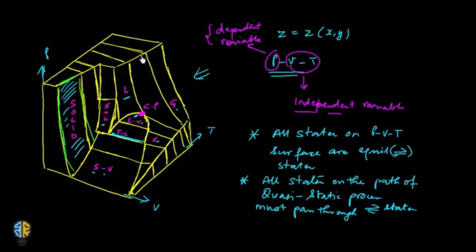The liquid also is a bit curved, and so is the vapor region, a curved surface. The two-phase regions are surfaces which are perpendicular to the PT plane.